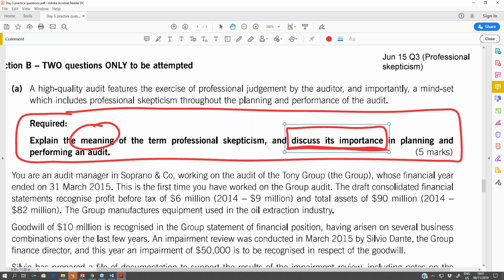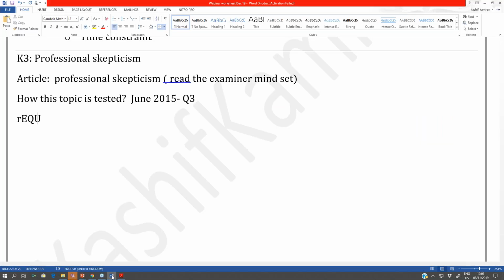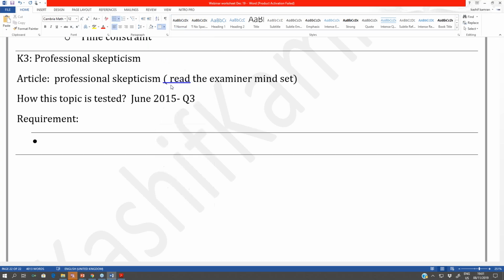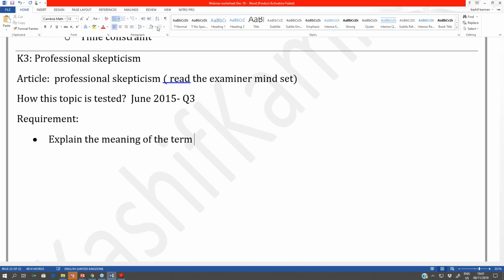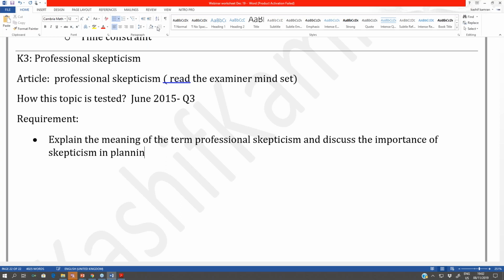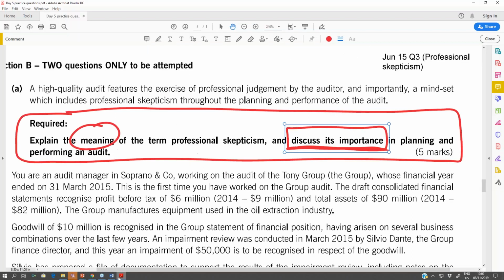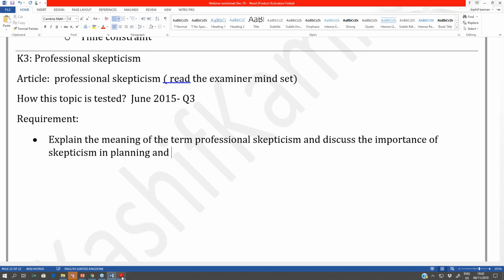So the first requirement from this exam paper is to explain the meaning of the term professional skepticism and discuss the importance of skepticism in planning and performing the audit. Right, and the marks are 5.